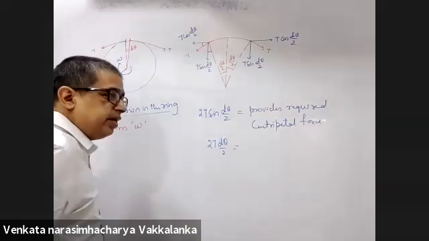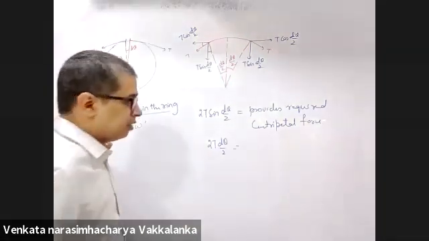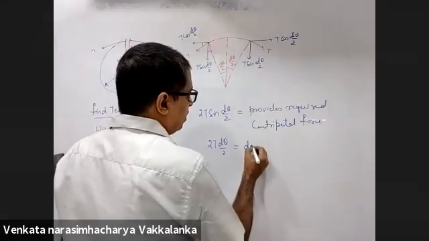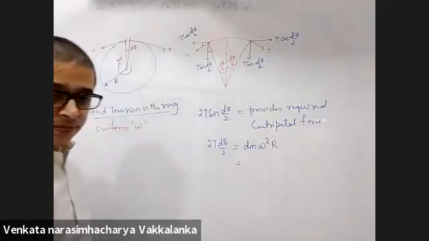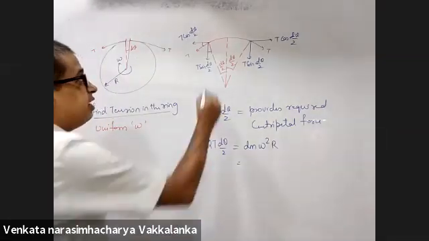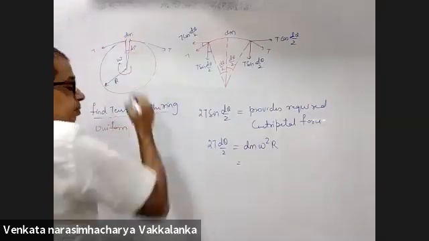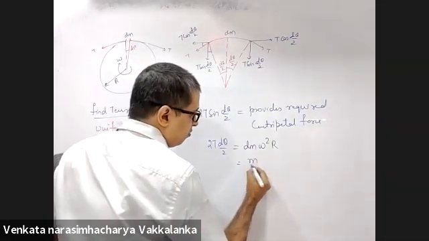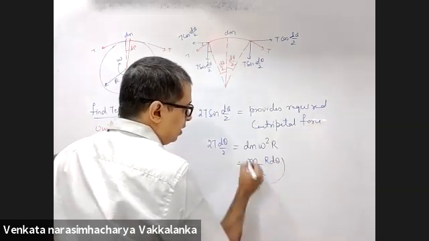Can I write sin d theta by 2 as d theta by 2? Yes. So 2T d theta by 2 provides the required centripetal force, dm omega square r. dm is the mass of this element, mass per unit length into length of the element.